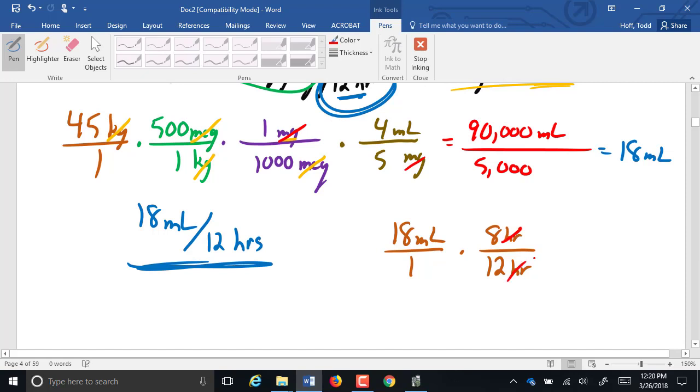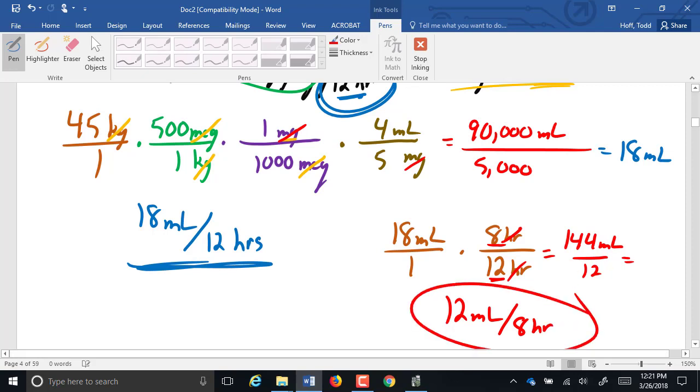For ease of calculation, I'm going to cancel out the hours right here. 18 times 8 is 144 milliliters. Over 12, that divides out to be 12 milliliters. And now I've changed it from per 12 hours to every 8 hours. So 12 milliliters every 8 hours is our maximum dose.